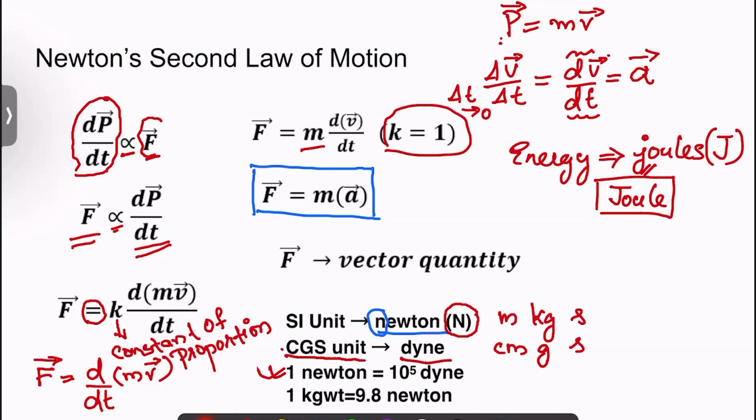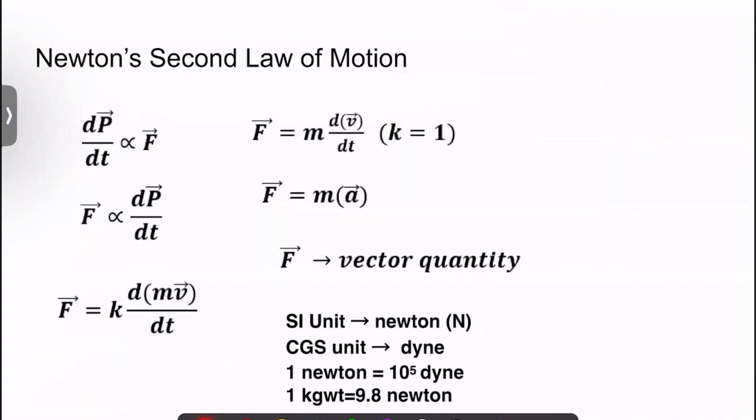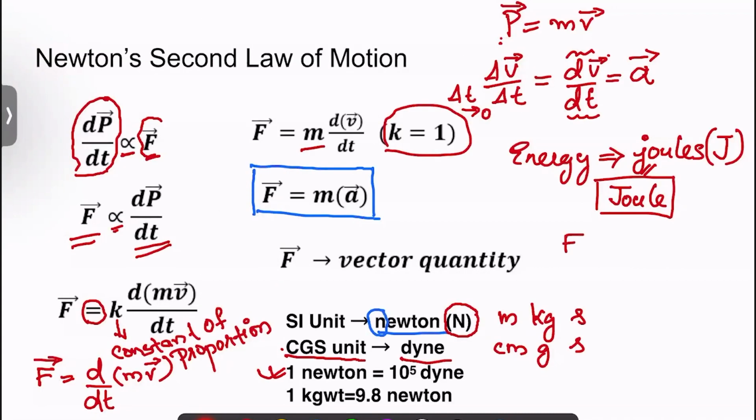For example, you could see that 1 Newton, force equal to mass times acceleration. So mass is kilogram and acceleration is meter per second square.